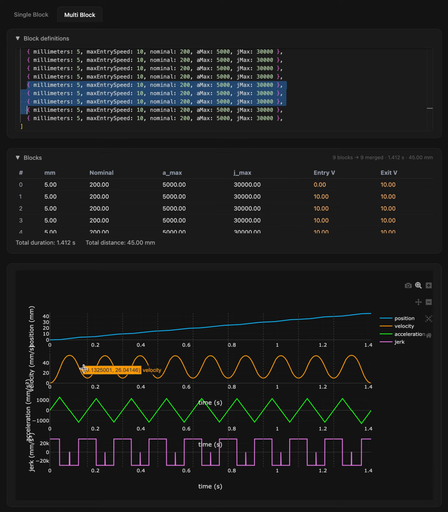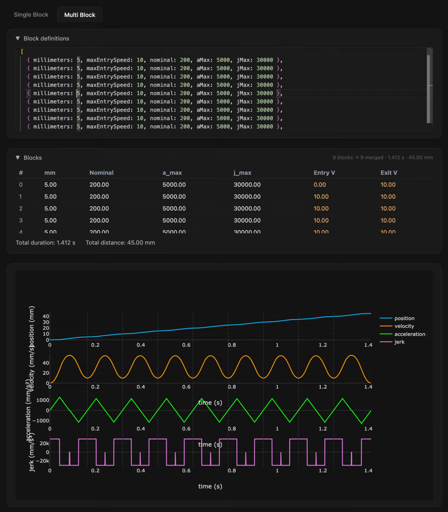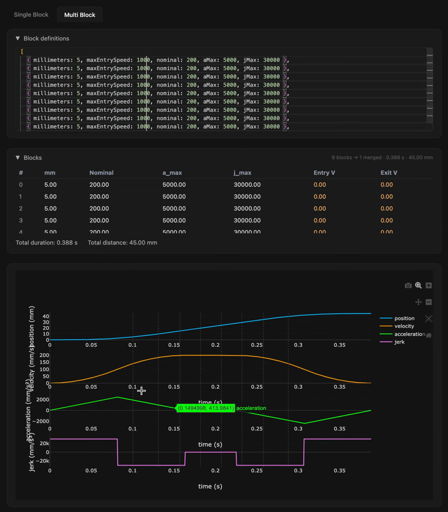Even though it could, technically, it never reaches a good cruise speed for the whole trajectory across blocks. So the workaround I'm working on is the following. I'm now going to set the maximum junction speed to 100, and you can see that what we ended up with looks like a single block.